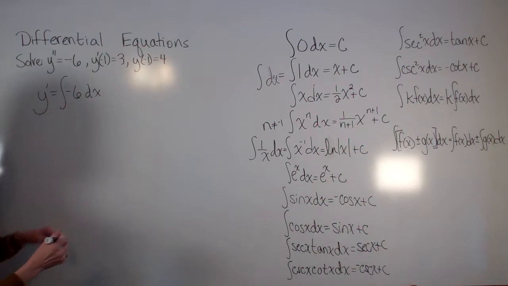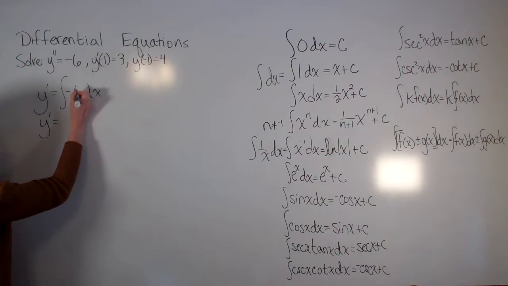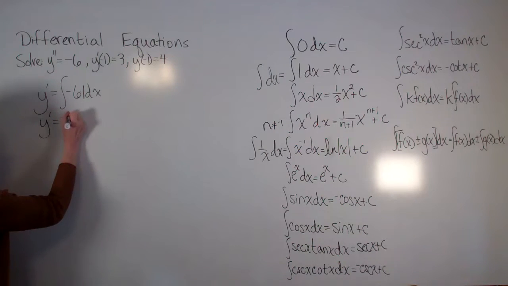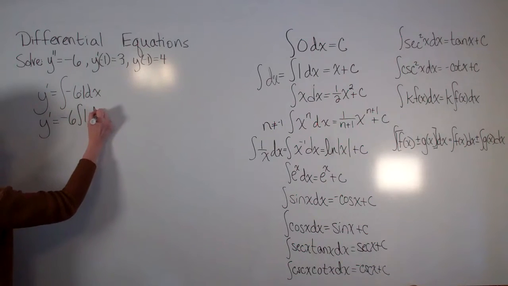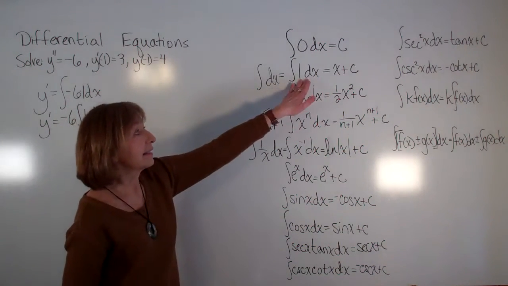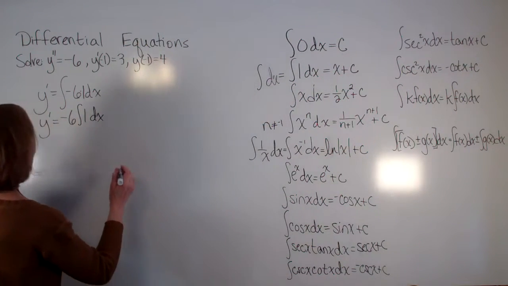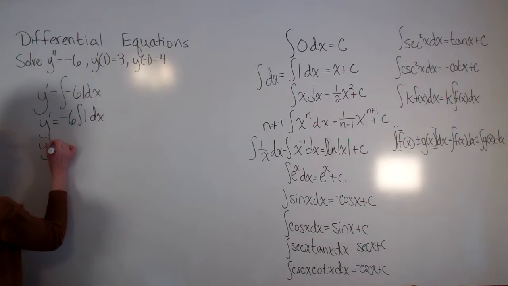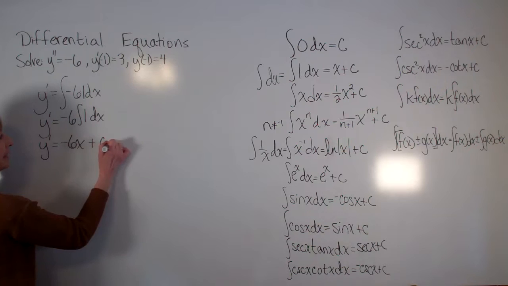Now integrating -6 dx, I have y prime is equal to, well, thinking of this as -6 times 1, you can factor out the -6 times the integral of 1 dx. And the integral of 1 dx is x plus c. So I have y prime is equal to -6x plus c.